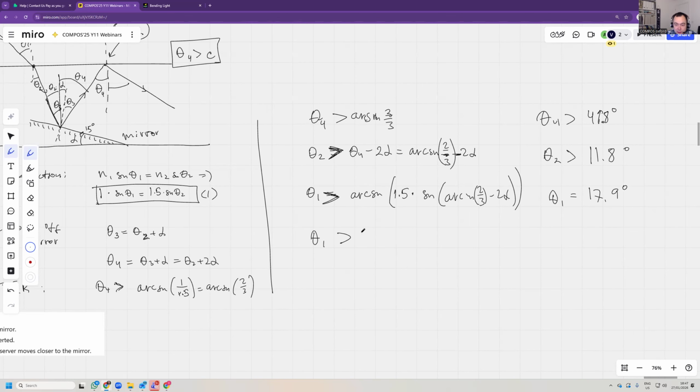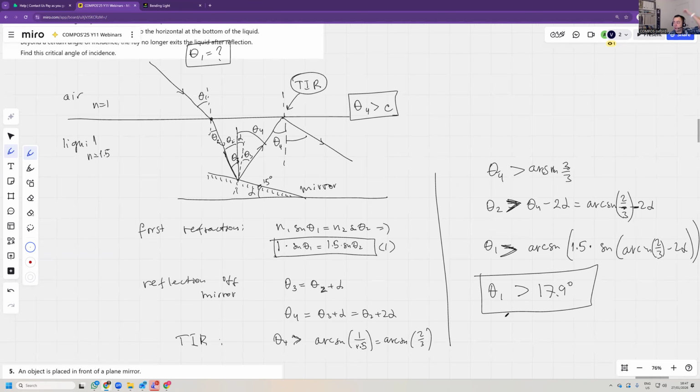So if theta 1 is greater than 17.9 degrees, then the light will not escape from the liquid. So it will bounce back into the liquid, and that's it. Okay, so hopefully that makes sense.